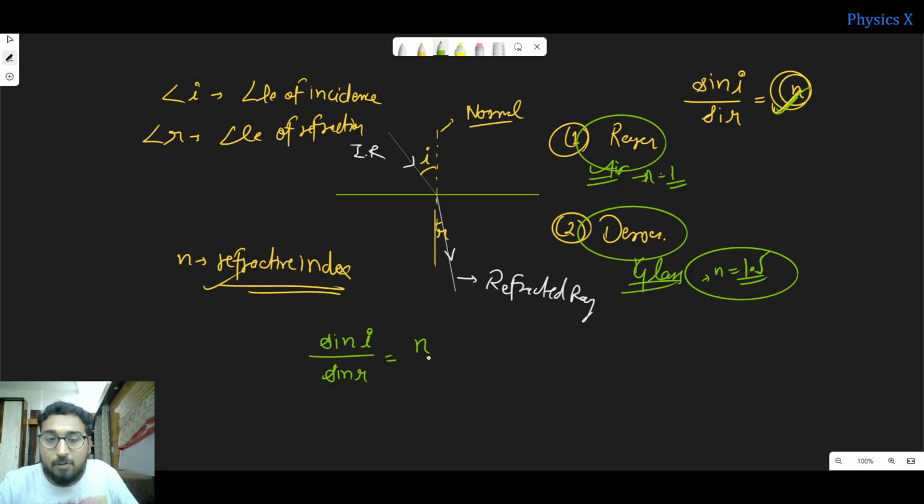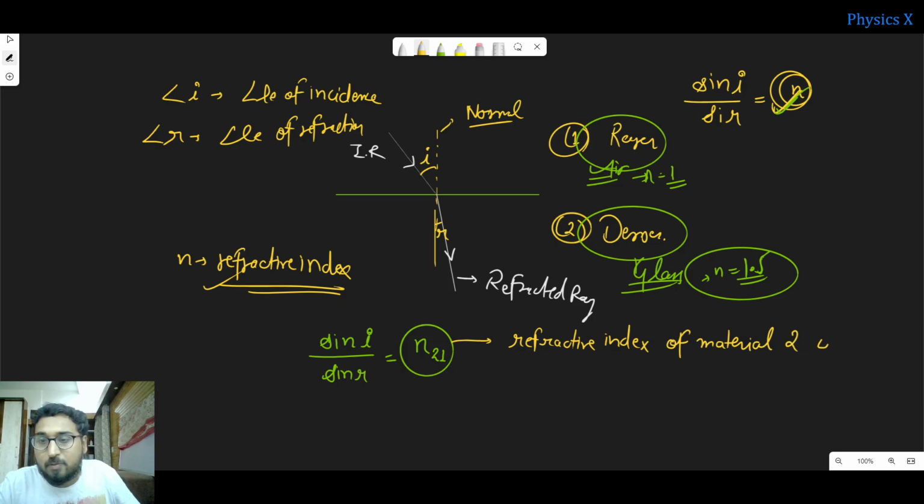So actually I will call it n21. The meaning is refractive index of material 2 with respect to material 1. This is the meaning of this.